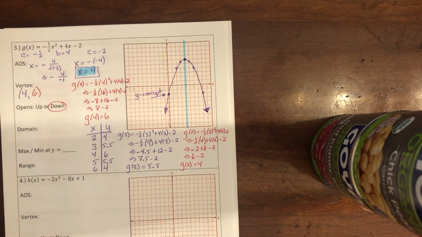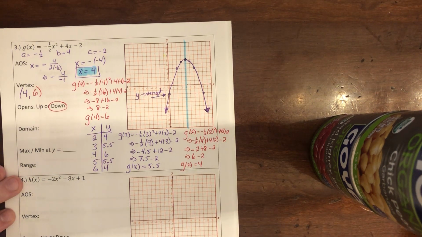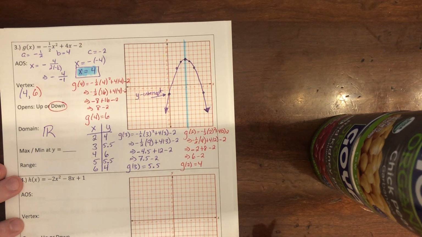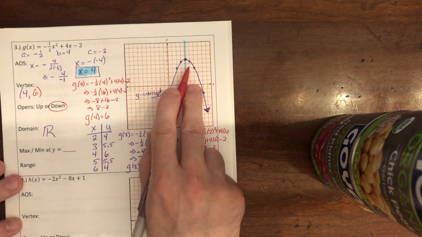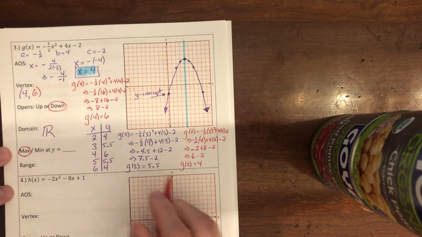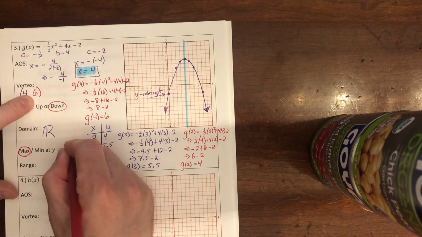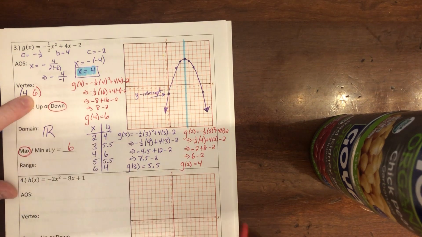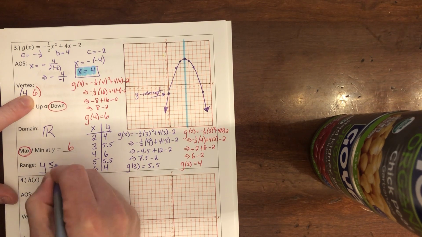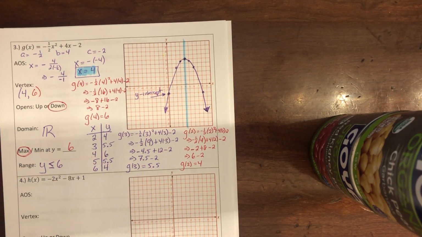All right, and now we answer the rest of the questions. The domain, love this question, all real numbers. Now notice here, this opens down, so this has a max value at y equals 6. That's the y-coordinate of our vertex. So our range now is going to be y is less than or equal to 6.